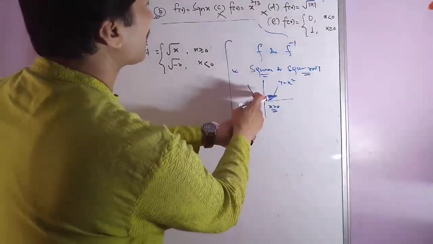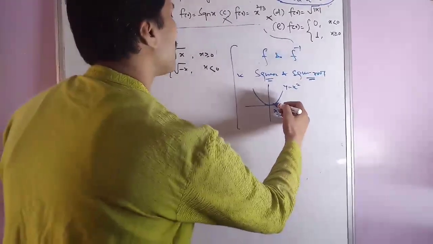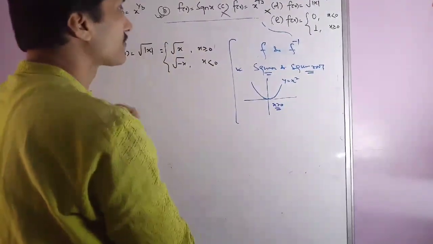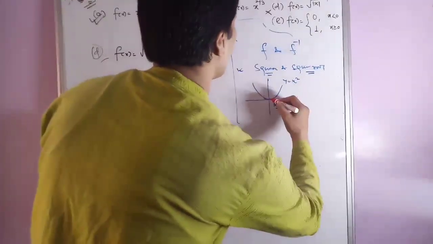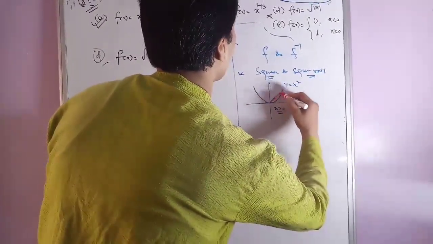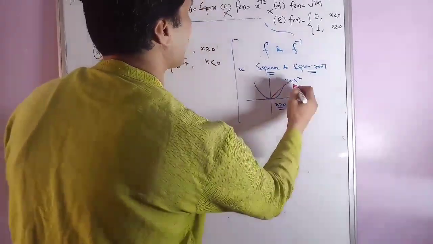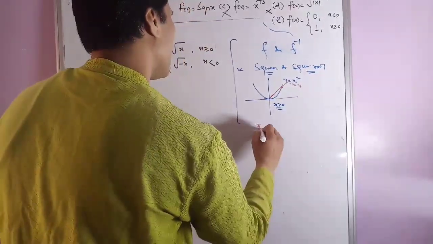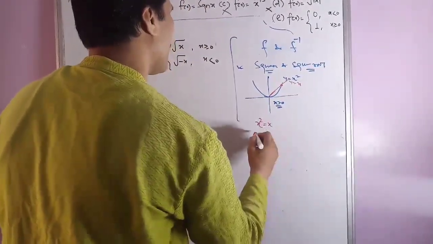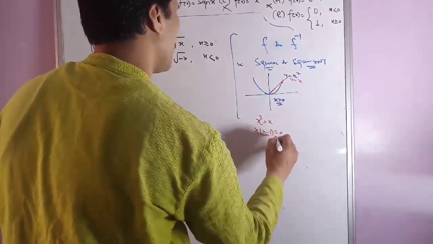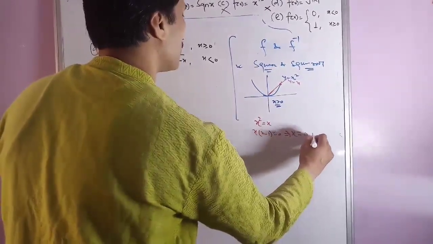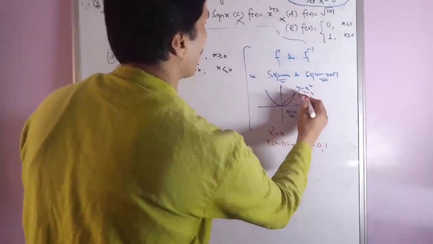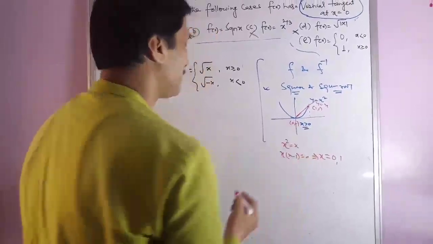Then we take the line y equal to x. This is the line y equal to x. Here the points of intersection will be the solution of x square equal to x, x into x minus 1 equal to 0. This is x equal to 0, 1. That is, the points of intersection are 1, 1 and 0, 0.